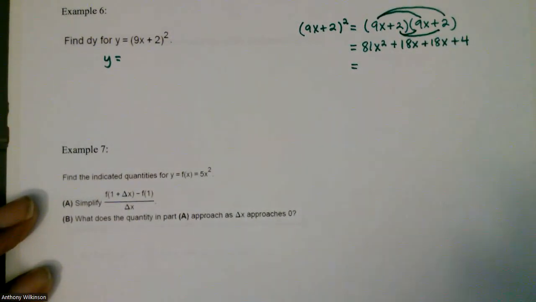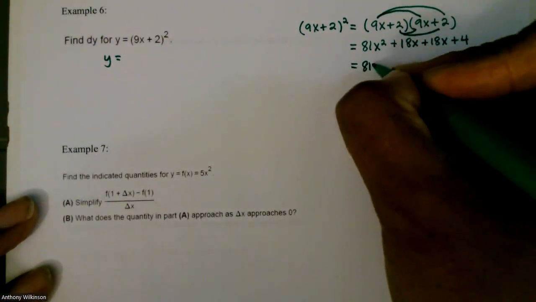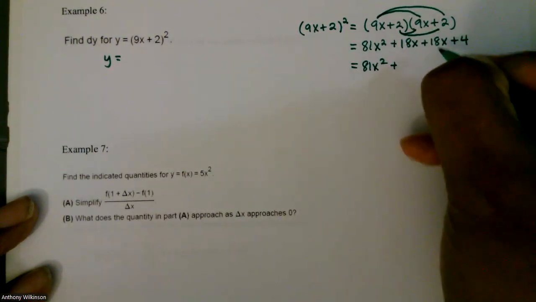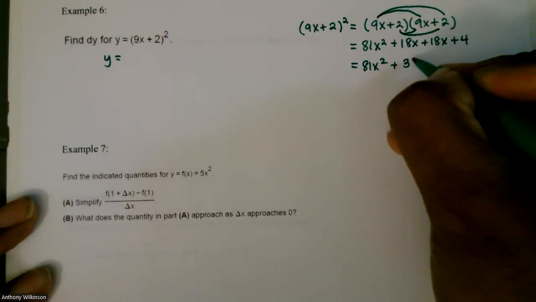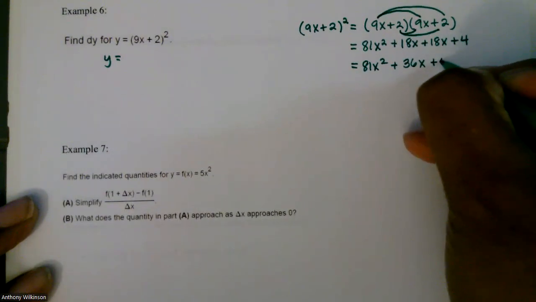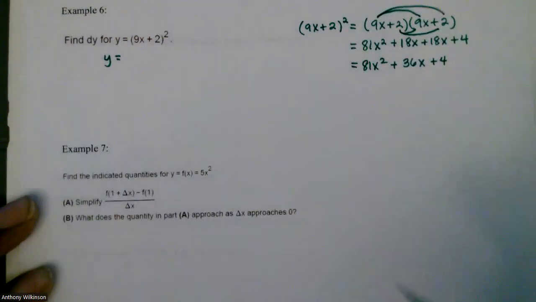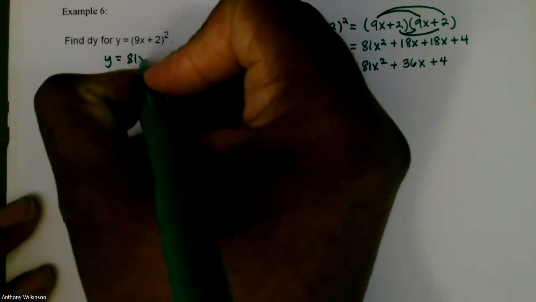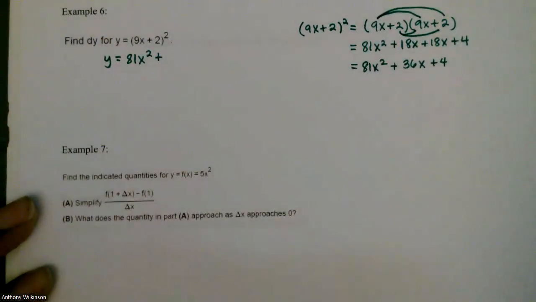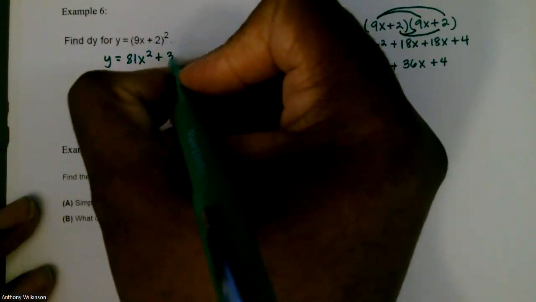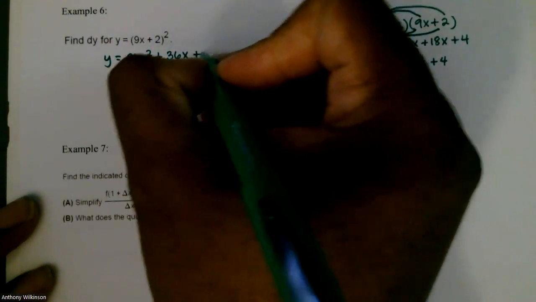So when I simplify this, I'll have 81x squared plus 18x plus 18x is 36x, plus 4. So y then will be equal to 81x squared plus 36x plus 4.